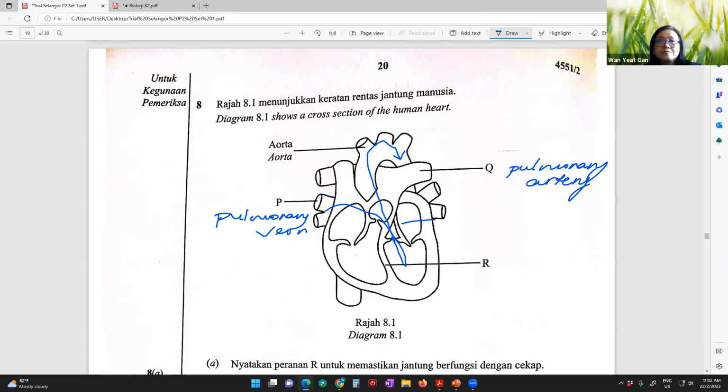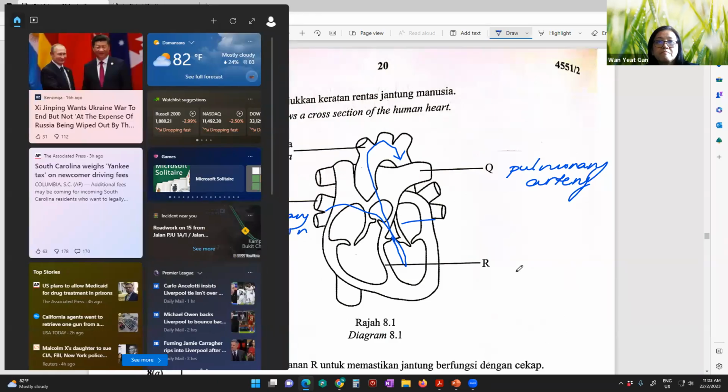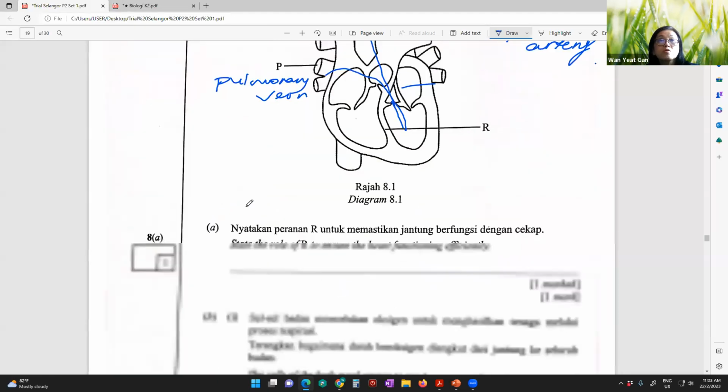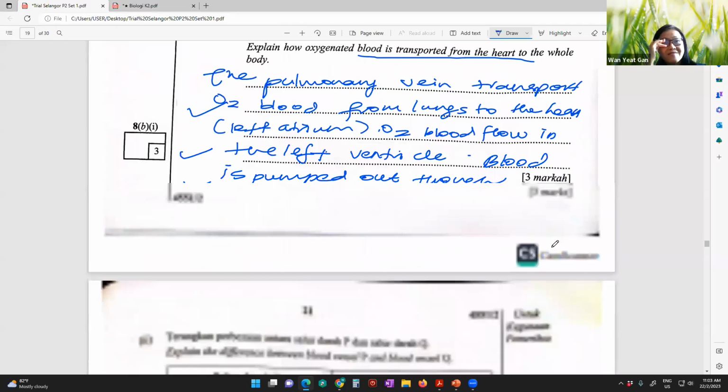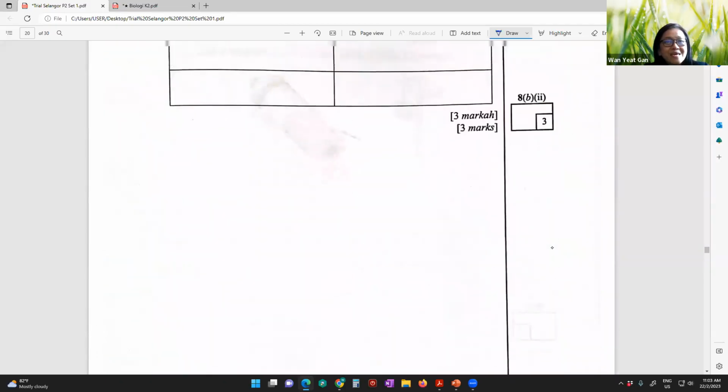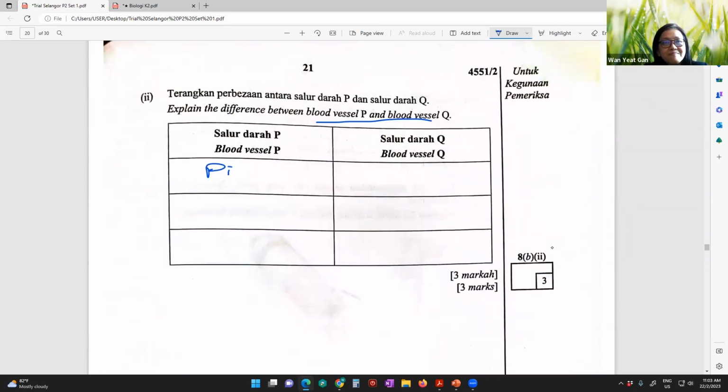So the first difference is the name. P is the pulmonary vein and Q is the pulmonary artery.